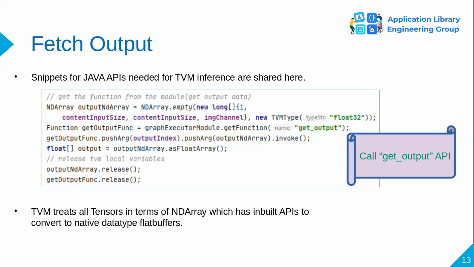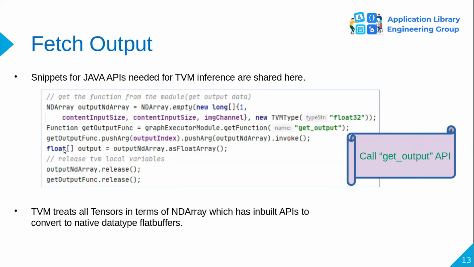We need to call the get output API, and again here it will be in NDArray format. So we need to convert it to our native data type, because NDArray as it is we cannot use for our post processing. We need to convert it into float, integer, or uint8 based on your model output. There are a lot of inbuilt APIs in NDArray, as I told. You can utilize them and convert it.